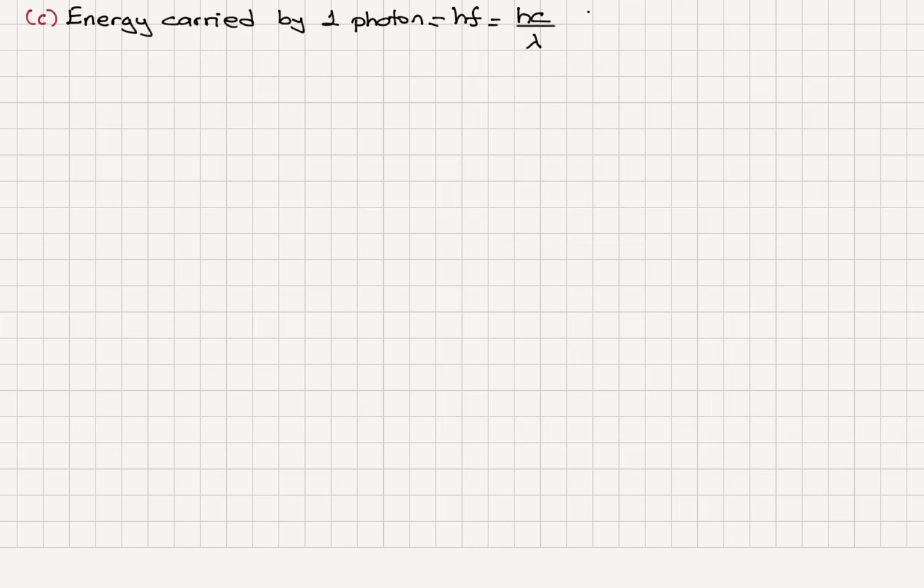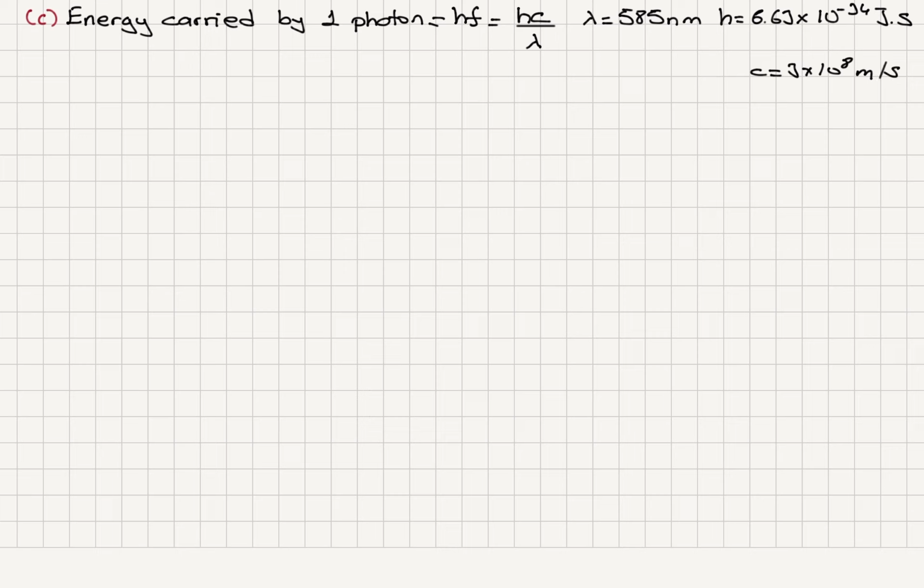And lambda in this case is 585 nanometers. Planck's constant h is 6.63 times 10 to minus 34 joule seconds. The speed of light in vacuum is 3 times 10 to 8 meters per second.